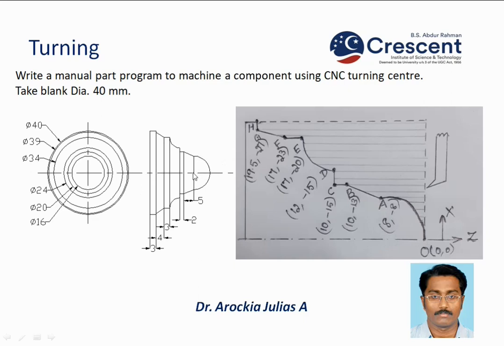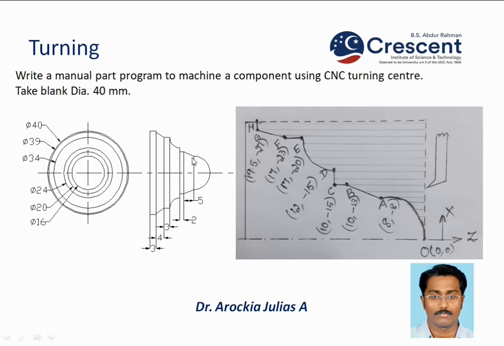The center point of this semicircle will be 8 units from both sides. We mark the point A, which is at 8 units in the x direction and minus 8 in the z direction. We know positive is towards the right side, and here the left side is minus, so it will always be z minus. So A is 8, minus 8.